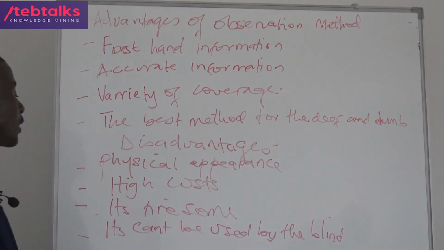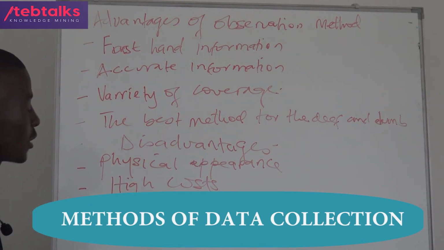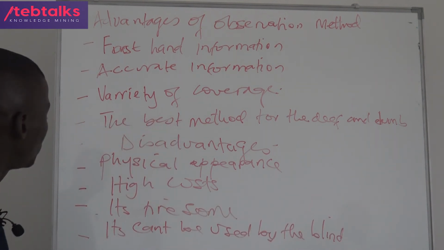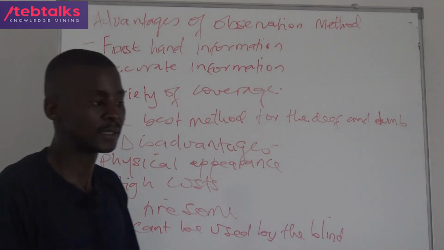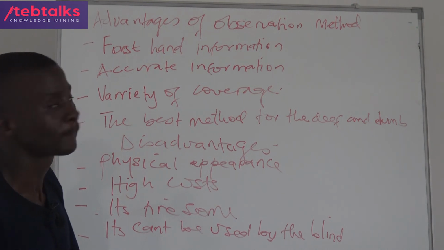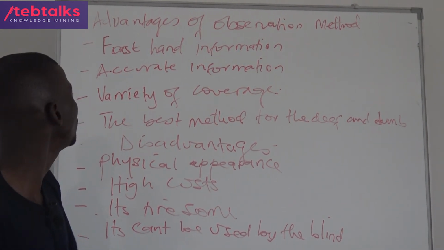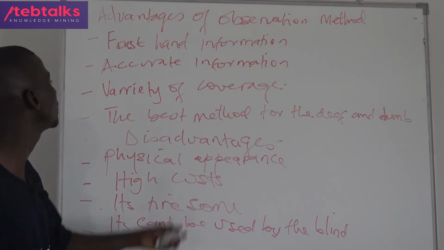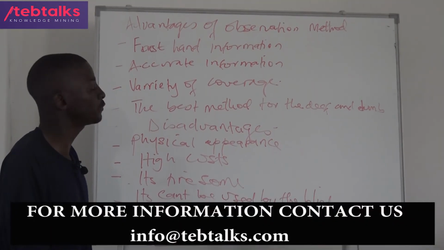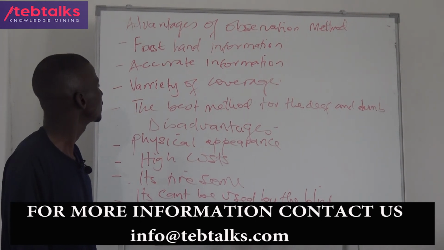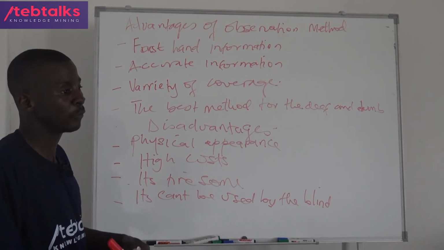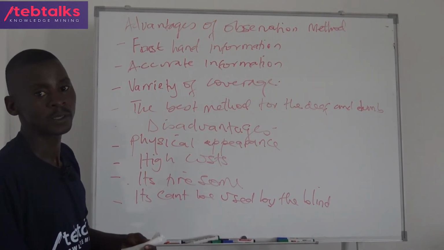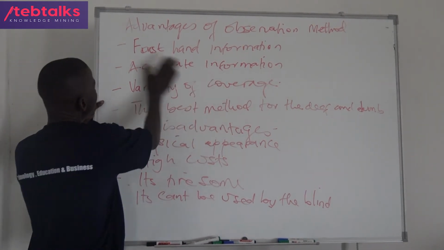How will you see? So that means you have to be seeing. So in summary, that is the first method, observation. As I've already told you, a method of data collection that involves the use of our naked eyes to see different geographical features. And in a question, you don't just define. The question will require you to define, be detailed, explain how it is used, then outcomes. That is the first method.